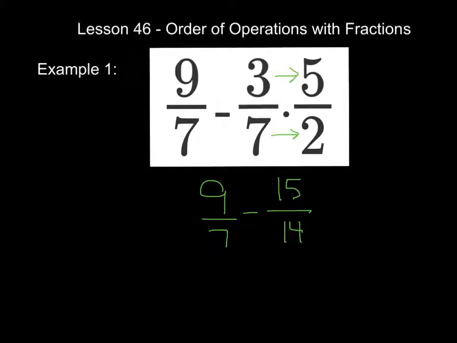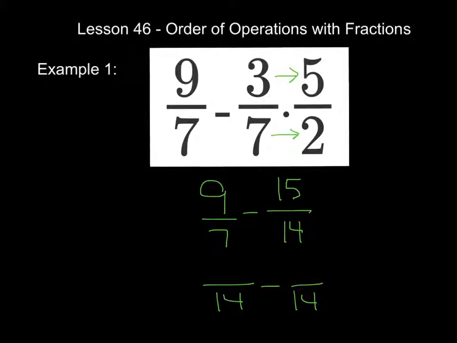In order to do this part of the problem, we must get a common denominator of 14. In order to get a common denominator, we have to ask ourselves, what is the difference between the original denominator, in this case it was a 7, and the new denominator, 14?